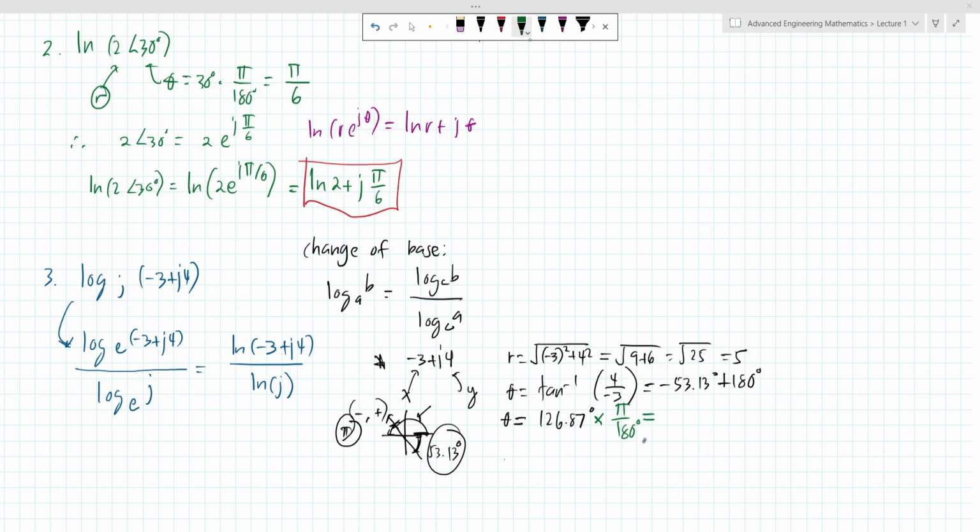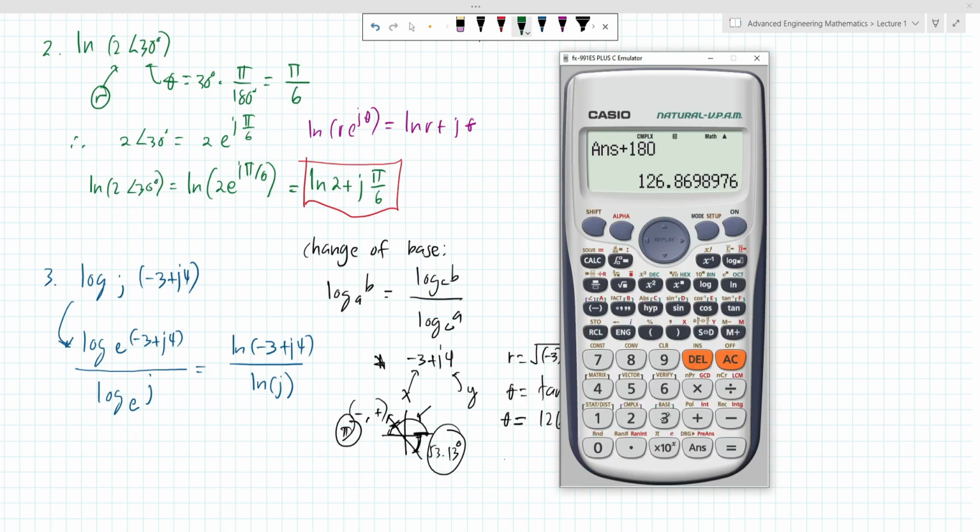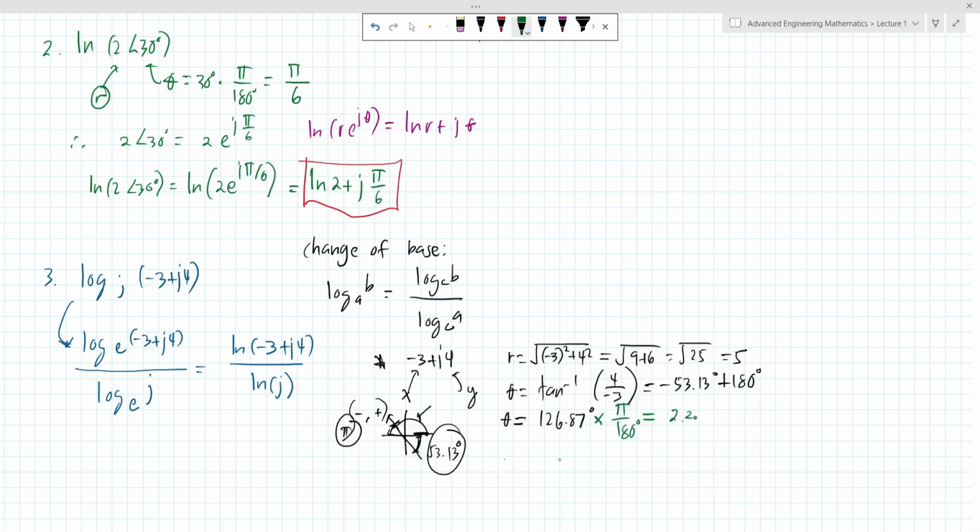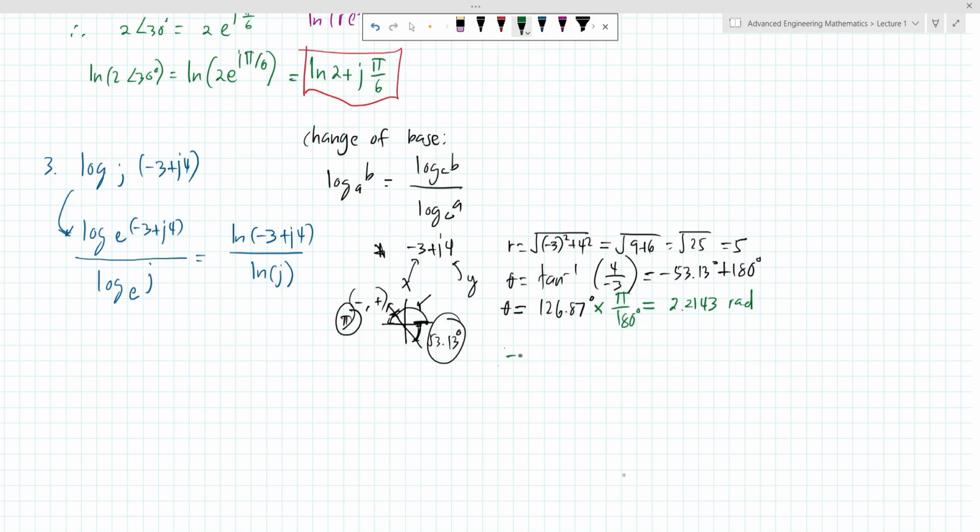That gives 2.2143 radians. Therefore, negative 3 plus j4 is the same as 5 e raised to j 2.2143.